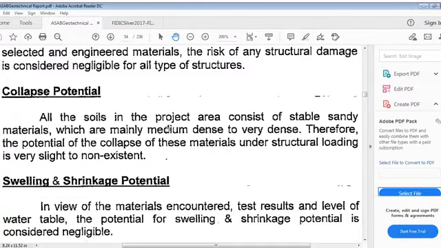Now, all soils in the project area consist of stable sandy materials which are mainly medium dense to very dense. Therefore, the potential of collapse under structural loading is very slight to non-existent.